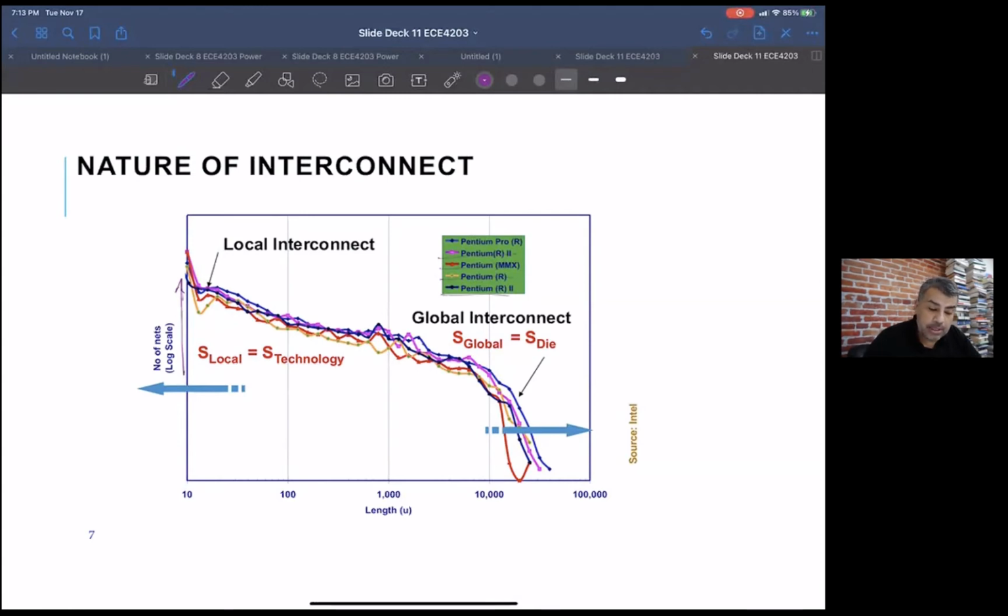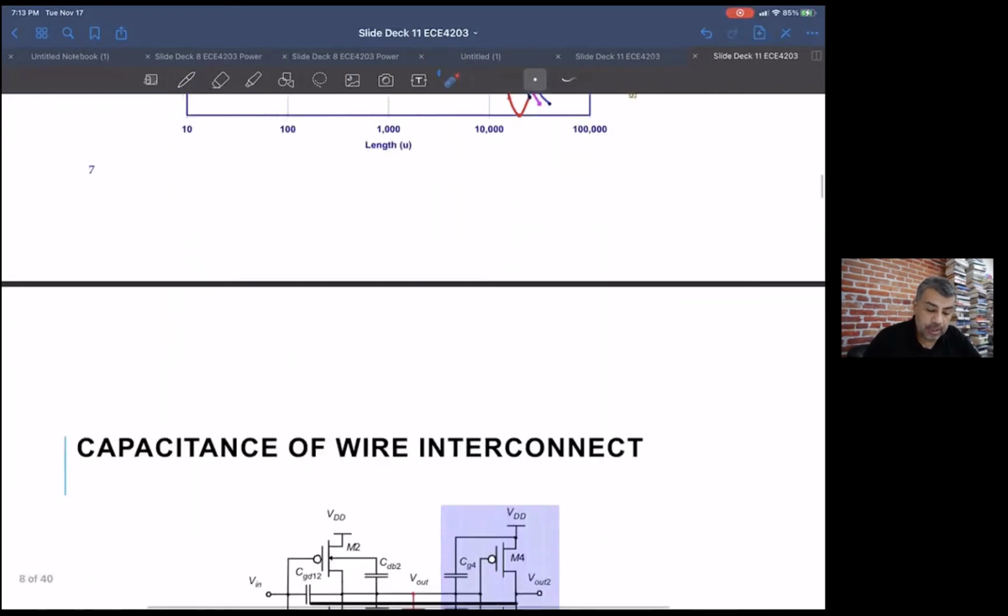Remember this is a log scale on the vertical axis here, there are very few nets that are very long. Most of the nets are local interconnects. They're very, very short. You can see they're like 100 microns or less. And there's very, very few that run the whole length of the chip. They tend to be clocks, those kind of things.